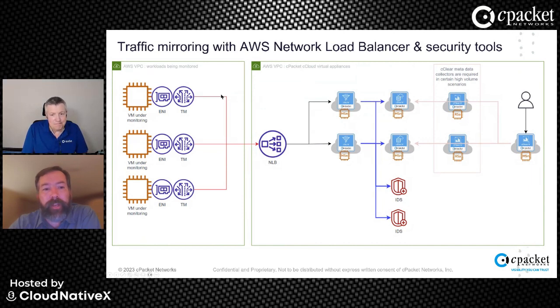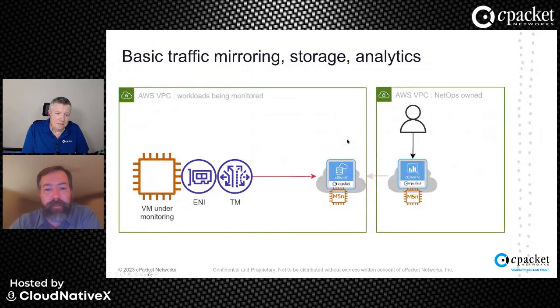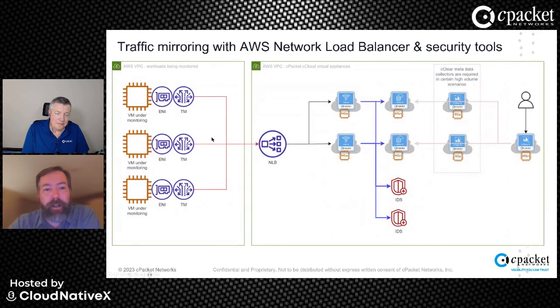So in this example, instead of connecting the traffic mirroring directly to a single node, as in the previous example, which is the very simple, naive example, we're funneling all of that data to a network load balancer. That load balancer then has a target group, or in the case of Azure, a backend pool, that can have a variety of instances to handle that load, and those can scale up and down as needed.